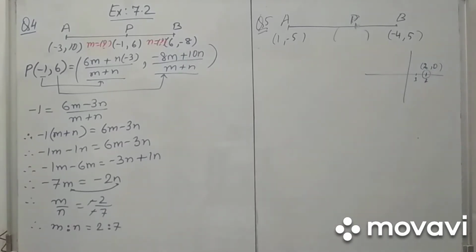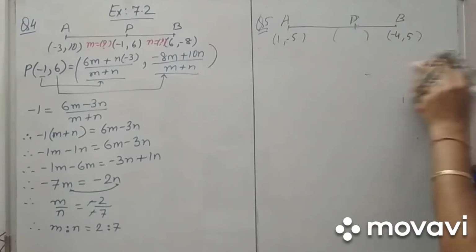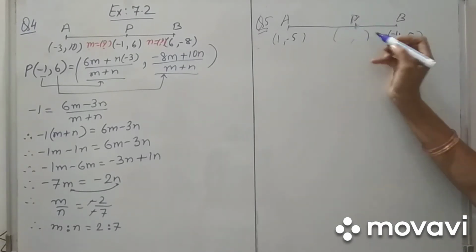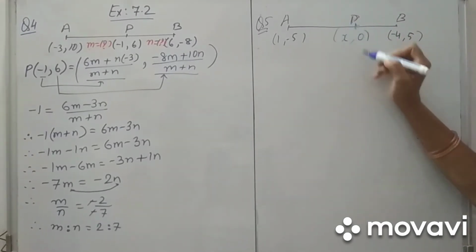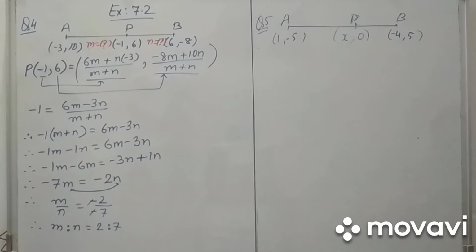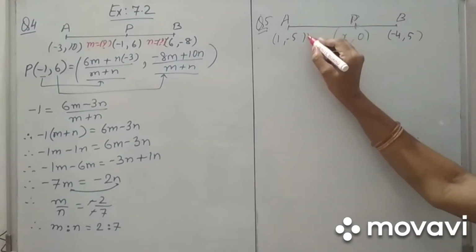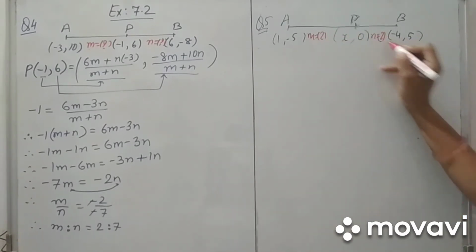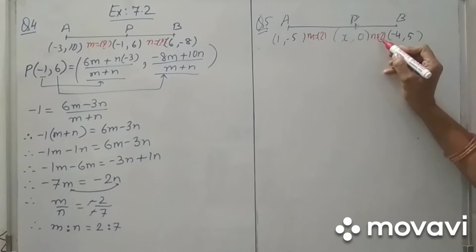In the same way I will get the coordinate of P as (x, 0). And once again our m and n is a question mark only. We have to find it out.